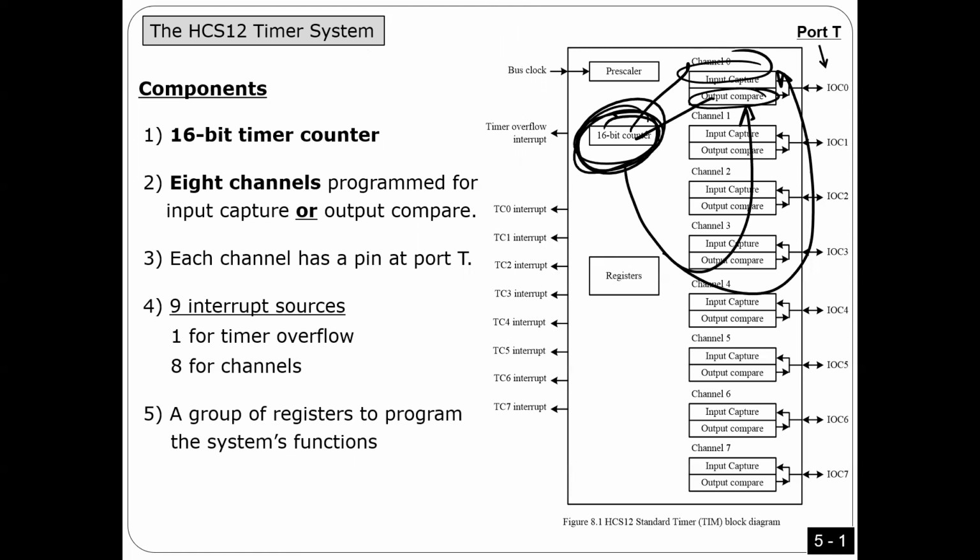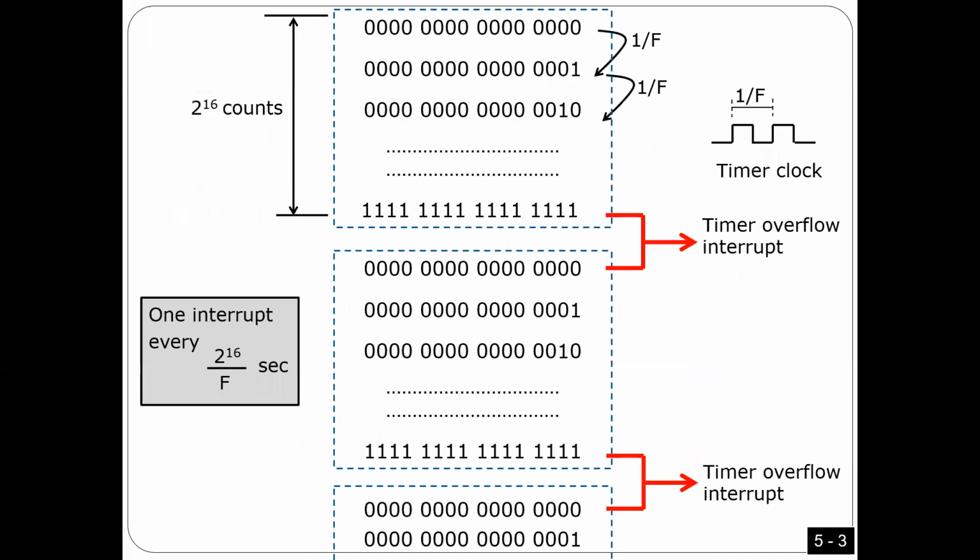Okay, very simple. Look here. If I'm going to use a clock of f hertz, whatever f is, this is the clock of the timer. Is that okay? That means every cycle should be 1 over f. Every cycle, that means 1 over f.